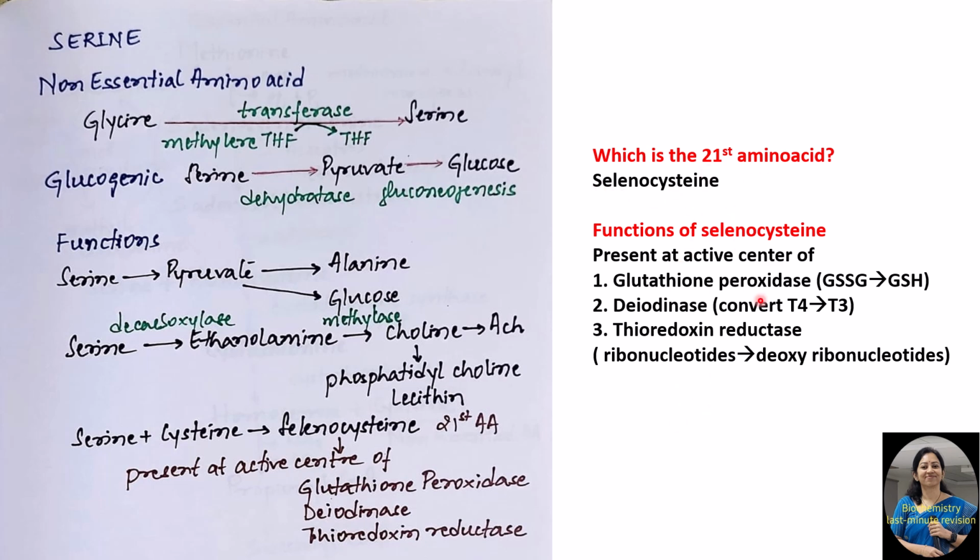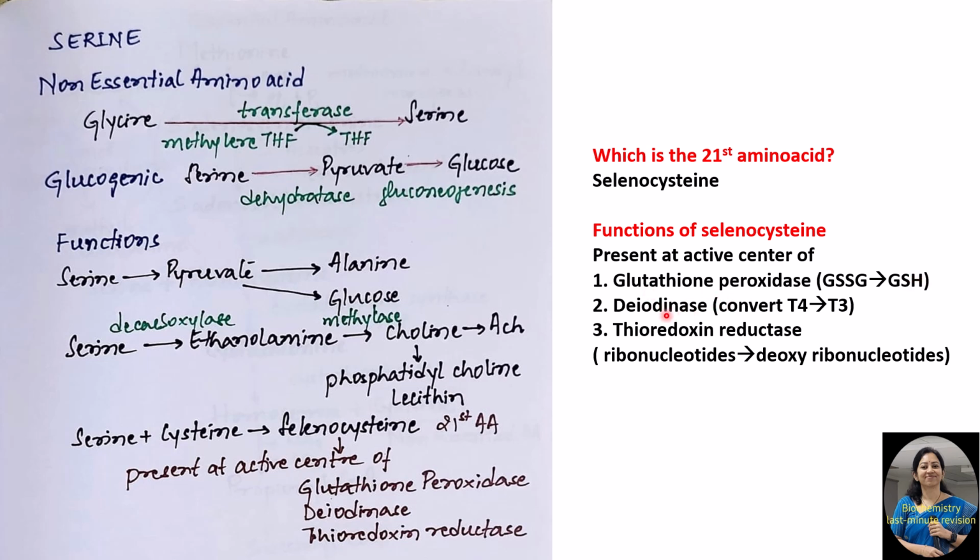So this is also a viva question, or it can be asked as a 3-mark question. What are the functions of selenocysteine, which is the 21st amino acid? Now selenocysteine is present at the active center of glutathione peroxidase, which will convert oxidized glutathione GSSG to reduced glutathione GSH.